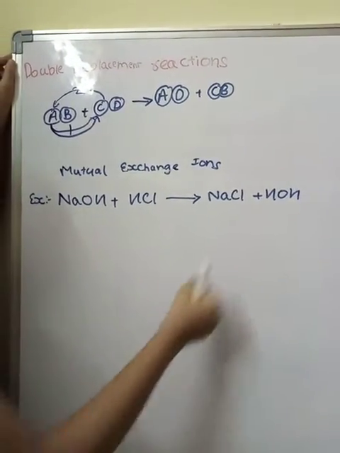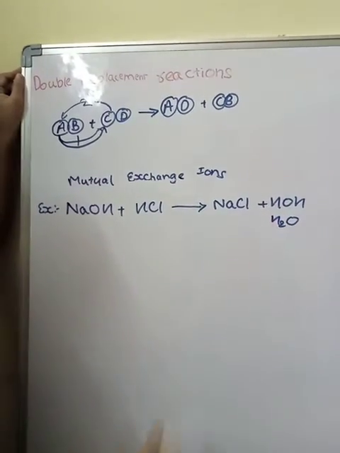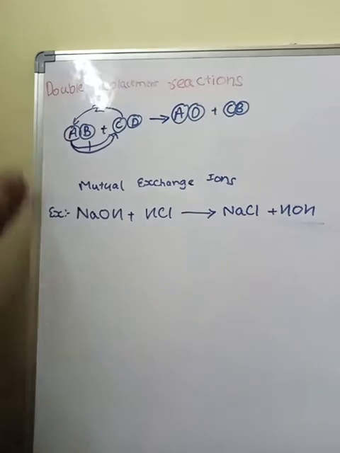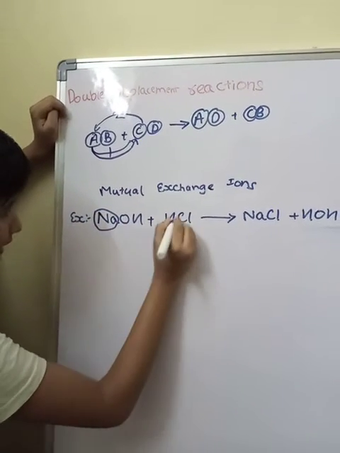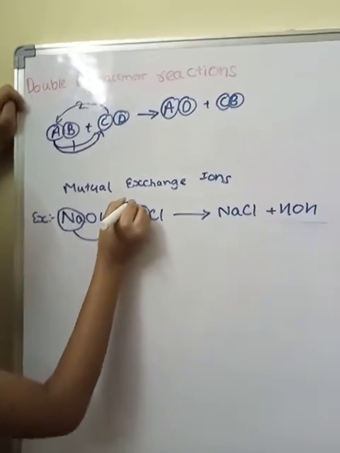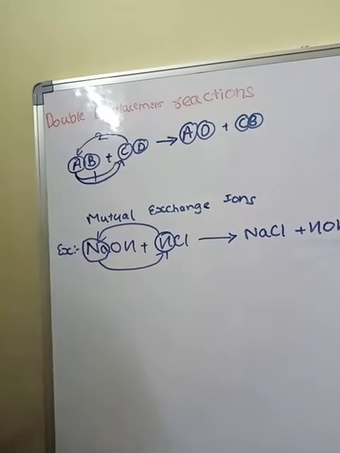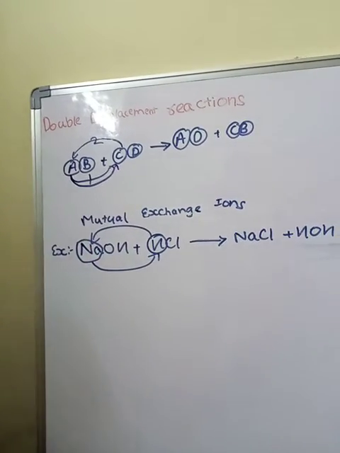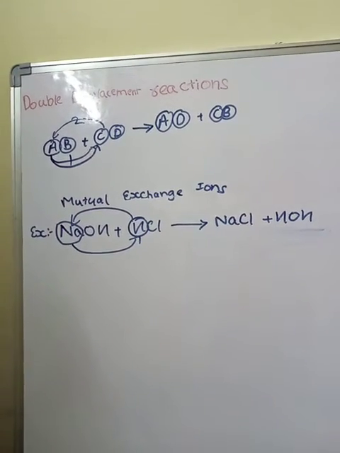HOH means H2O, which is two hydrogens, H2, and a single O. Here Na displaces this H from HCl, and this H takes Na's place. This is one example of double displacement reactions.